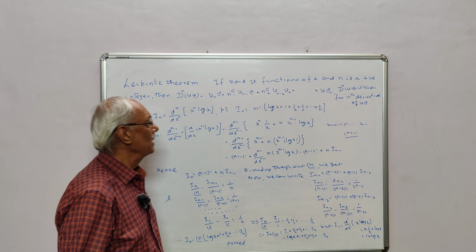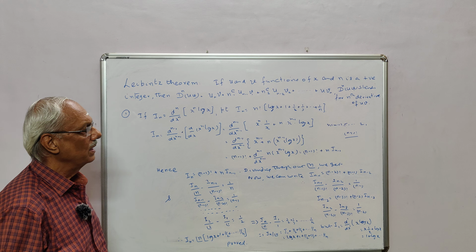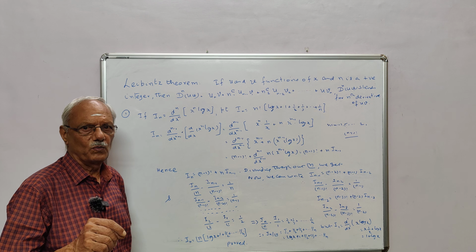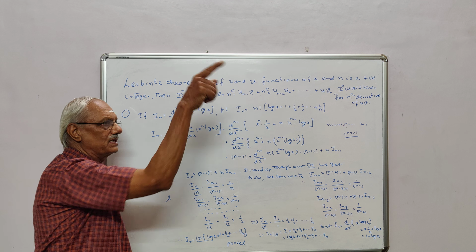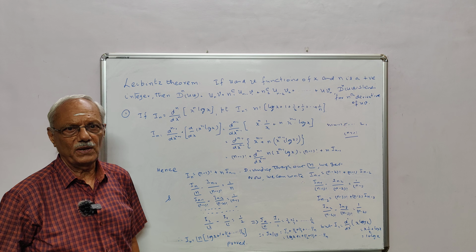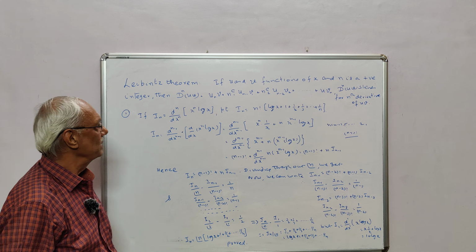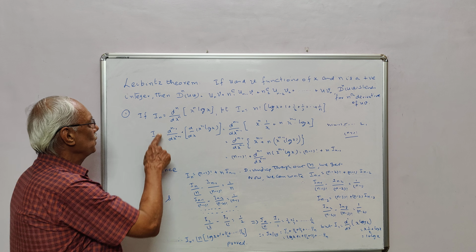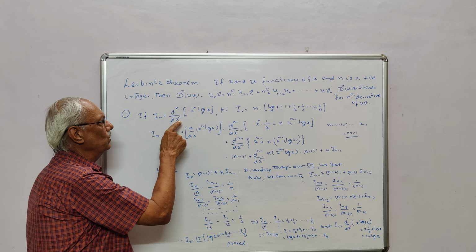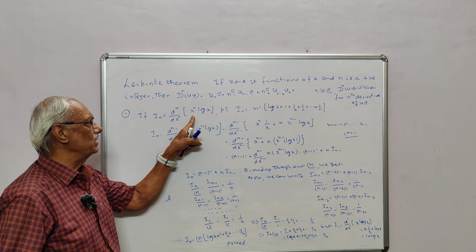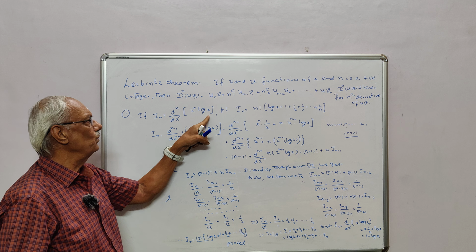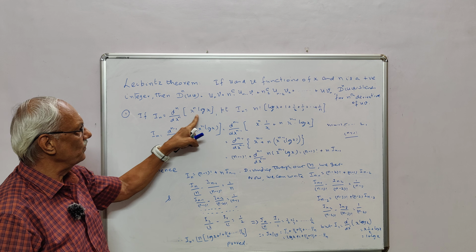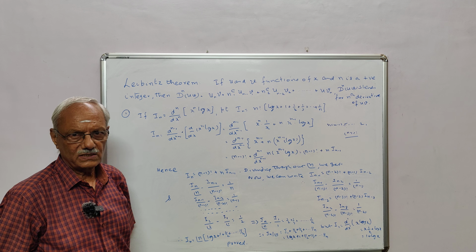Okay. Now I will take up a simple problem to make you understand how this Leibniz theorem is applied. Coming to this problem, you are given y_n is equal to the nth derivative of the function x^n into log x. It is like uv, where u is x to the power of n and v is log x.